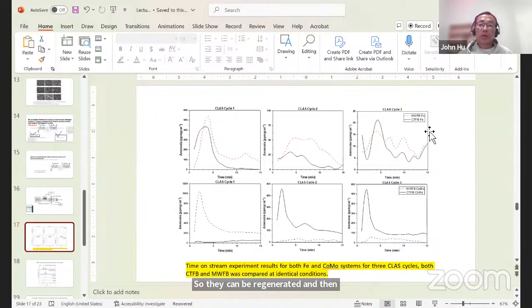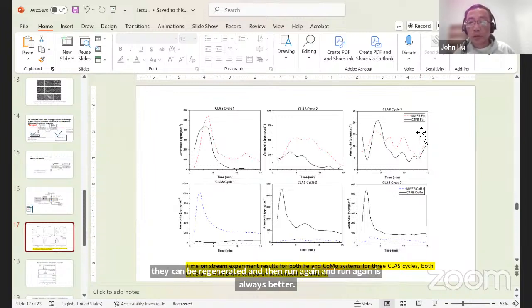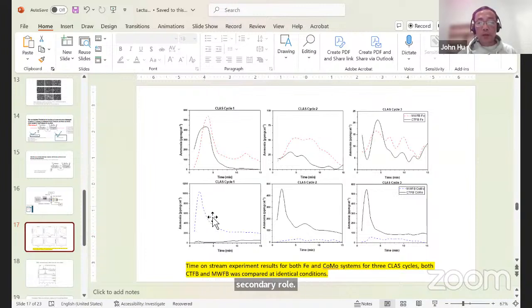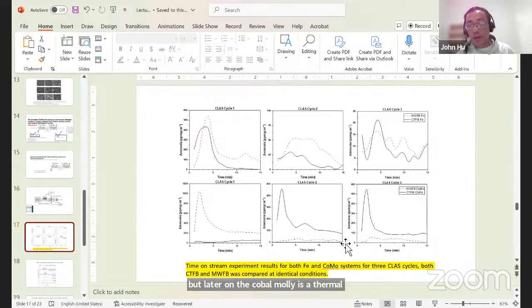Now when we change to cobalt moly catalyst, which is the second row, in the first cycle cobalt moly is much more active in the microwave, but later on the cobalt moly in the thermal becomes active. It's not because it is more active, it's because the cobalt moly is kind of deactivated.